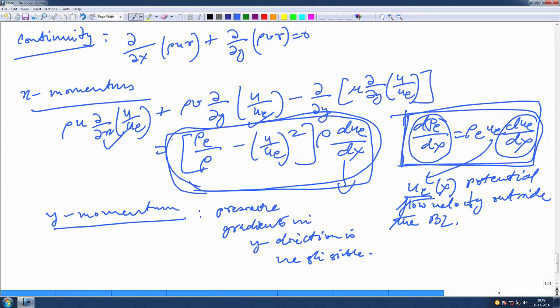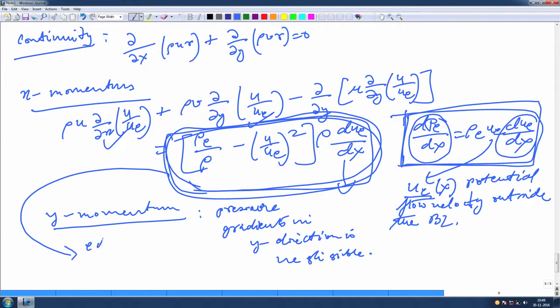This particular term, on the other hand, has a peculiar feature. For example, at the edge of the boundary layer, this term becomes equal to 0. It is also negligible at the droplet surface.